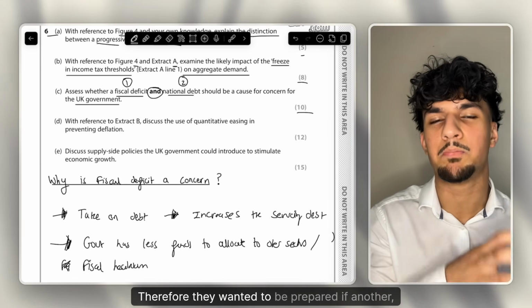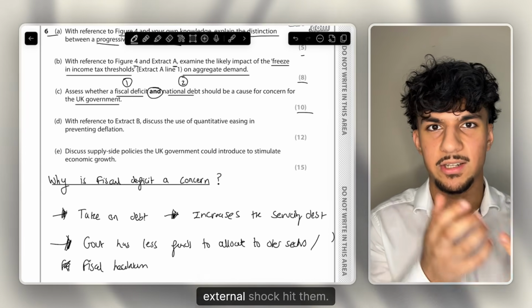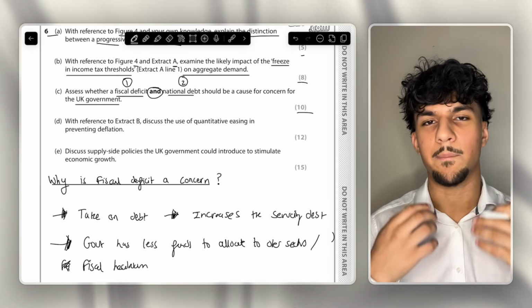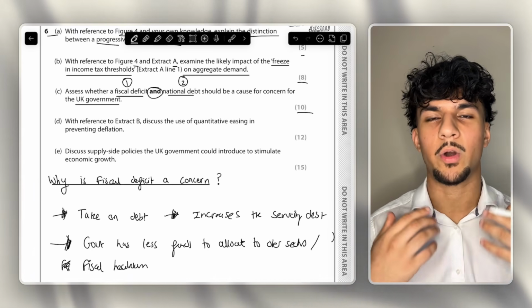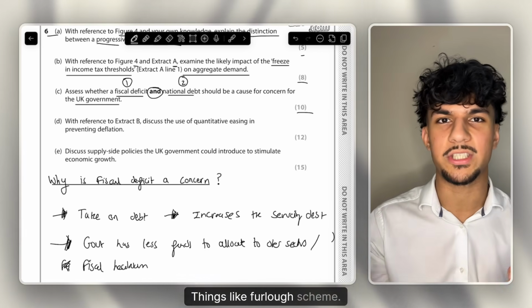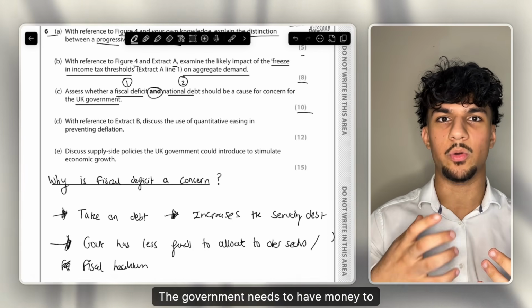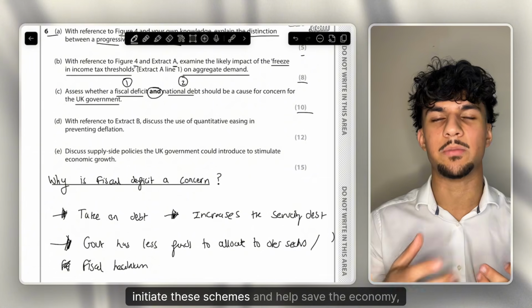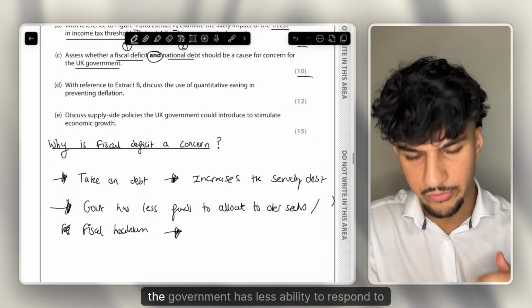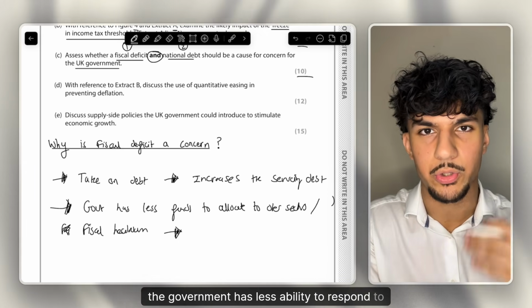Therefore, they wanted to be prepared so that if another external shock hit, the government could respond appropriately. Things like monetary policy and fiscal policy require time and funds for the government to put them into place. Things like the furlough scheme: the government needs to have money to initiate these schemes and help save the economy. So with less fiscal headroom, the government has less ability to respond to external shocks.